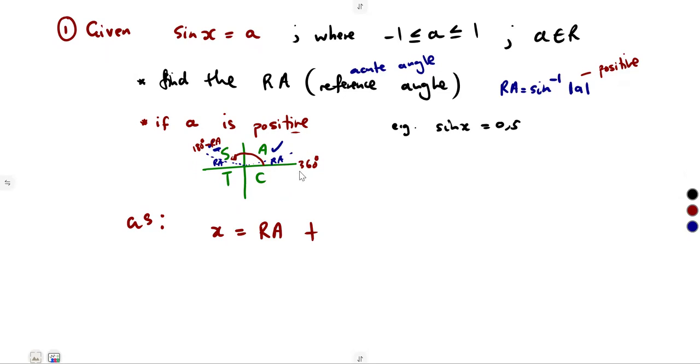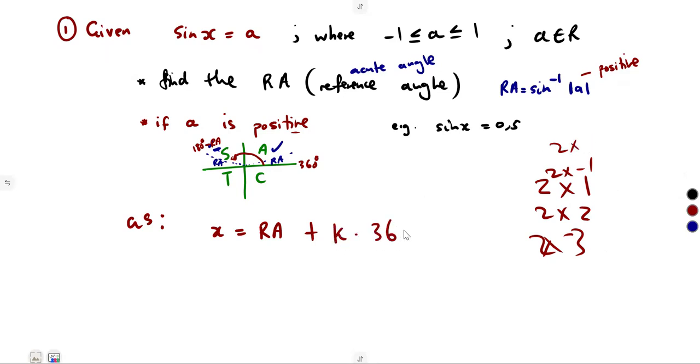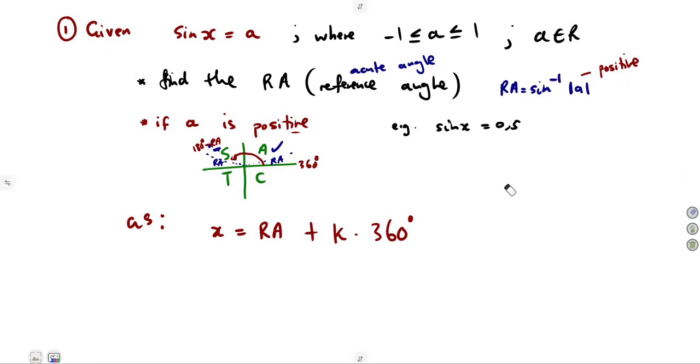Remember, if we say multiples of 2, it is 2 times 1, 2 times 2, 2 times 3. So we consider k times 360 degrees, where k is an integer.